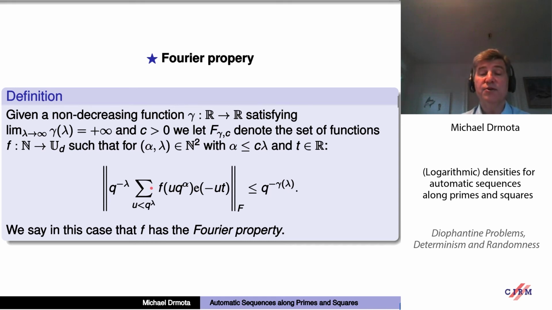So these are not numbers, but matrices. We take the Fourier transform of these matrices, and they should decay in lambda. If we take bigger intervals, q to the lambda, as lambda goes to infinity, this should go to 0 sufficiently fast. This can be translated in several ways. There is also a version in terms of Gauss norms, but just think of the Fourier property in the sense that the Fourier coefficients decay sufficiently fast.